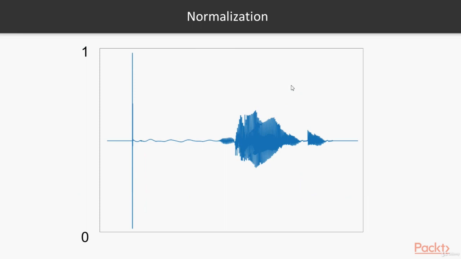Normalization will simply enclose the data in the range between 0 and 1. In addition, since the network input is expected to be like 10,000 values, we have to adjust our spectrogram to fit the network. If our spectrogram is bigger than what we need, we will sample 10,000 values equally spaced. On the other hand, if it's smaller than 10,000, we will just pad both sides with zeros.